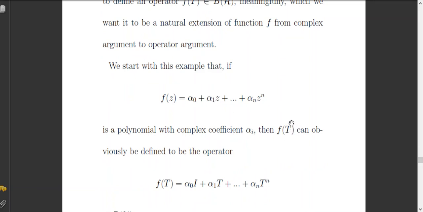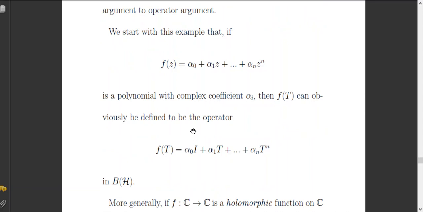We define f of T to be, look at here, when we say alpha z, this means alpha z times 1, where 1 or identity means the identity operator. So we can define f of T to be alpha 0 I plus alpha 1 T plus alpha 2 T squared, up to alpha n T^n.